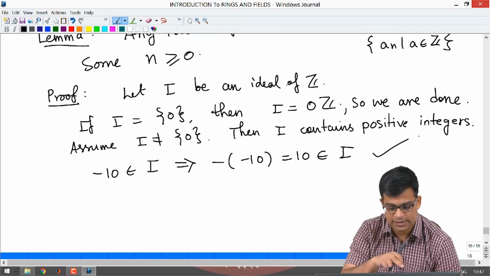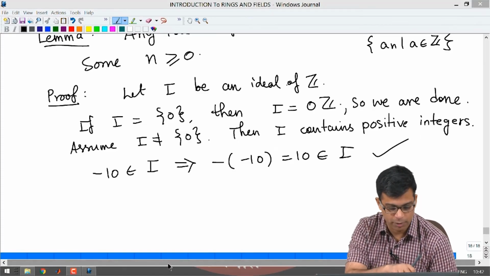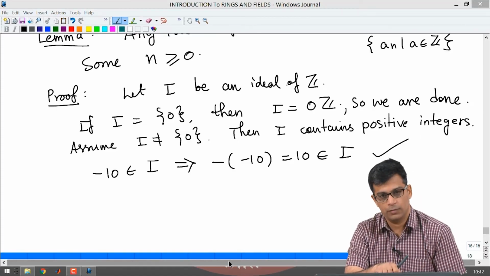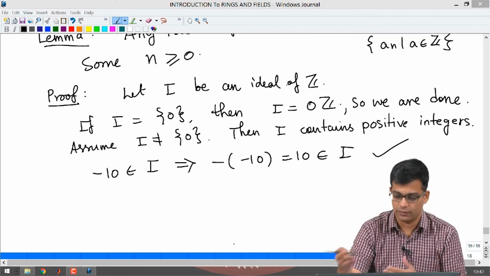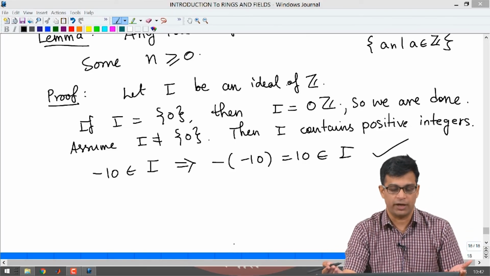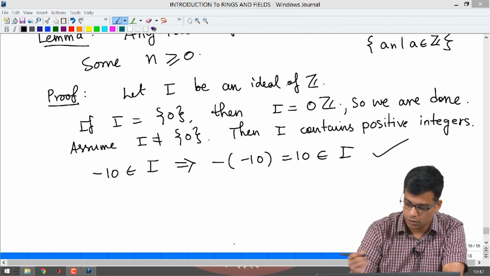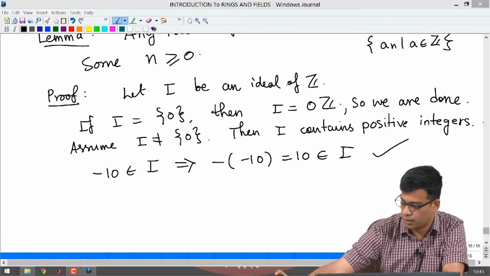So, I contains some non-zero integers by assumption. If you happen to pick a positive number, you are done. Suppose you pick a negative number, you simply take its negative. So, I contains positive integers. I hope that is clear.